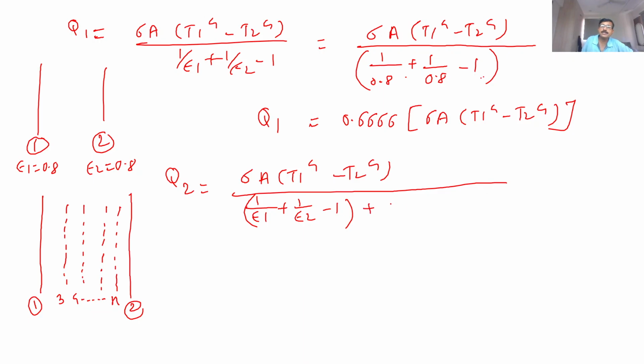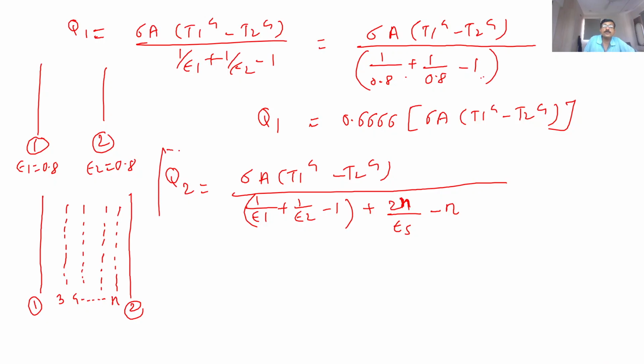Now if there are n shields, this term is added because of the number of shields: 2 upon epsilon s minus 1, but here it is twice n, (2 upon epsilon s minus 1) times n.